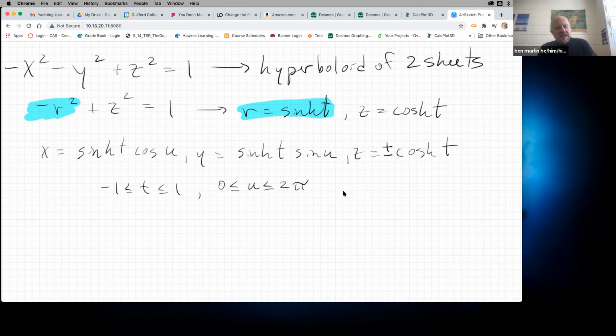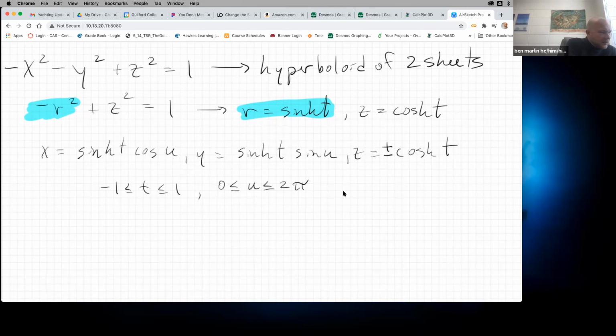So any way you go at it, all right? And so the thing for us to spot is that our minus r squared, our minus part, is going to go with the sinh, okay? And then we'll have things fitting that identity we had for hyperbolic sine and cosine.